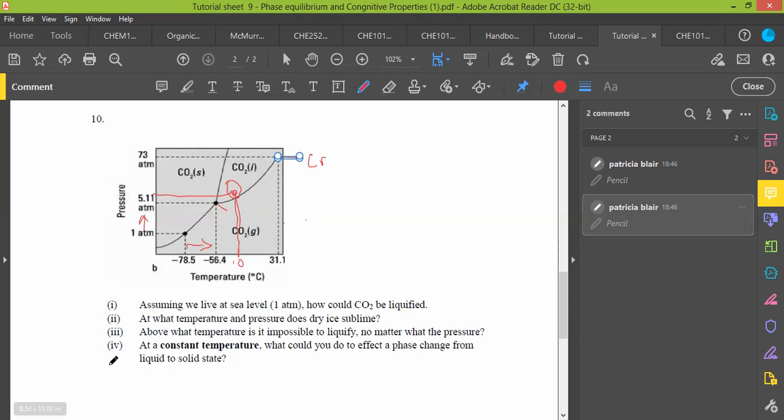And then from here, you have: at what temperature and pressure does dry ice sublime? So you don't need to start making figures of your own. Just come here, 1 atmosphere and temperature of -78. This is a gas, this is a solid.